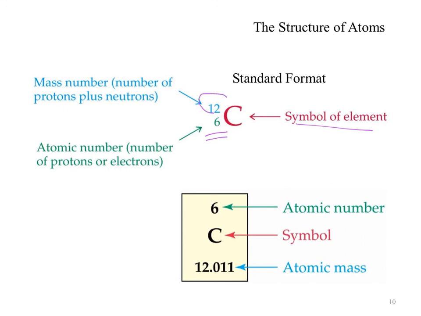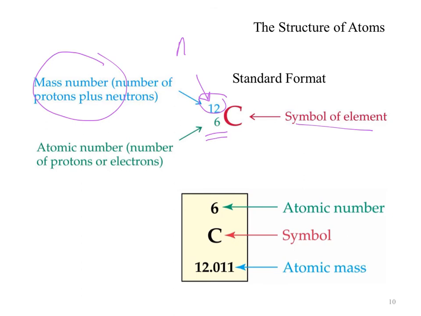And there will be a top number, which is the mass number, and that is nothing but the number of protons and neutrons put together. A lot of people think that the number written on top is the atomic mass, and that's not true. The number written on top is the mass number, which is nothing but the number of protons and neutrons put together.